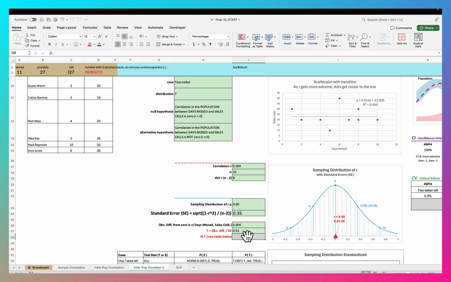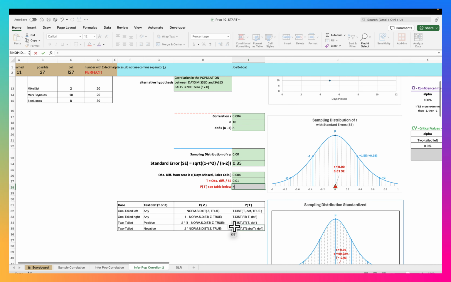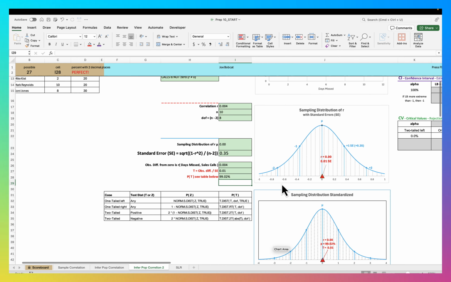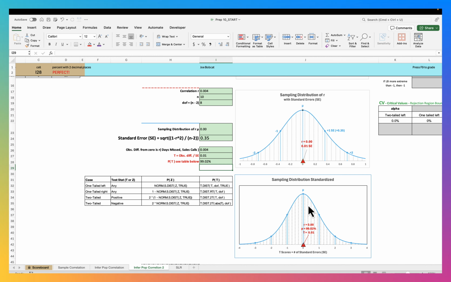And that's a pretty small t-score, and the t-score is positive, so the probability is T.DIST.2T. So 99%. All right, so this is not going to be a reject because we are effectively almost dead center.